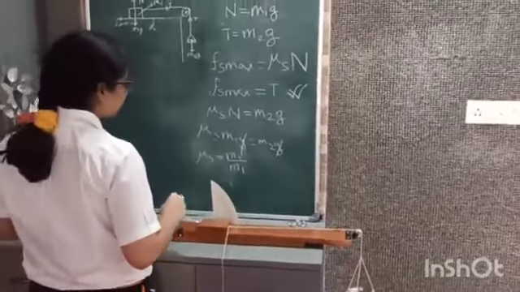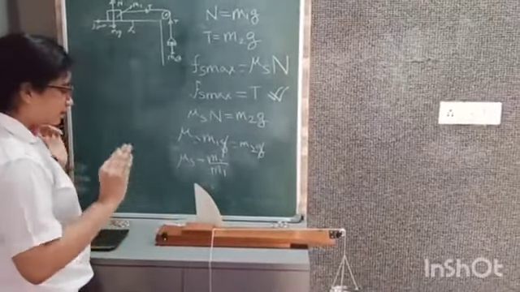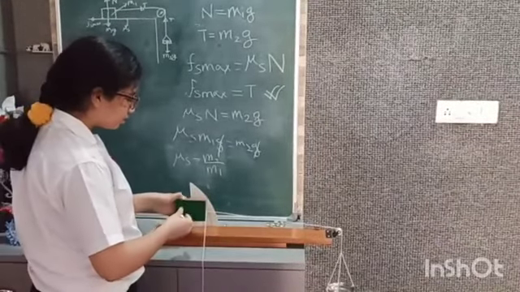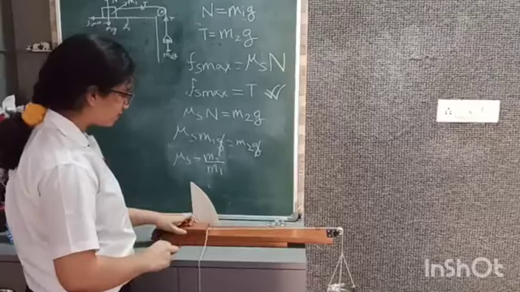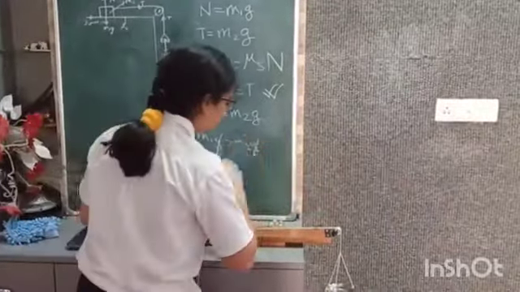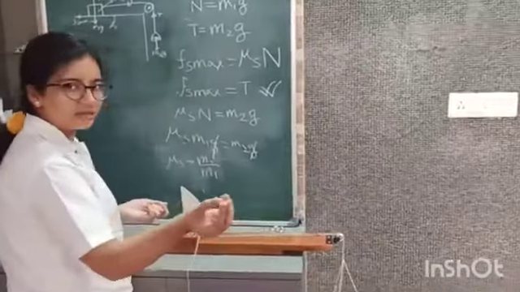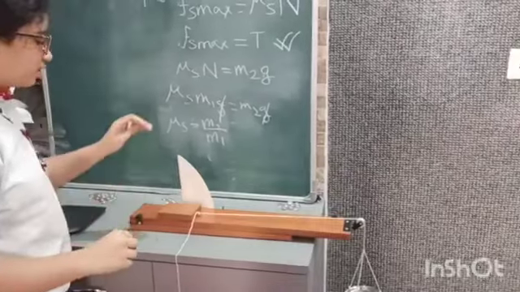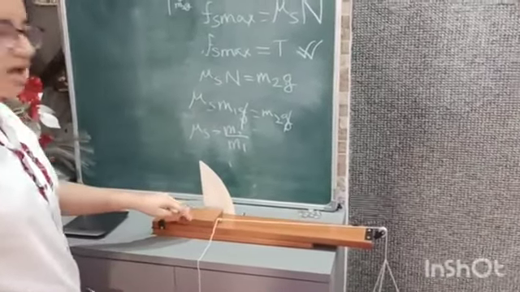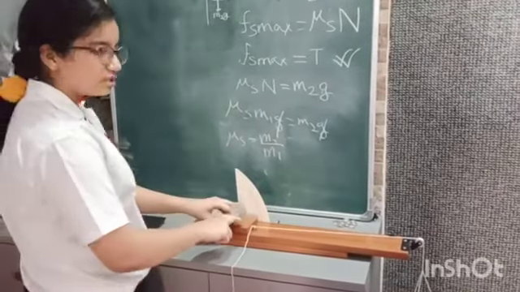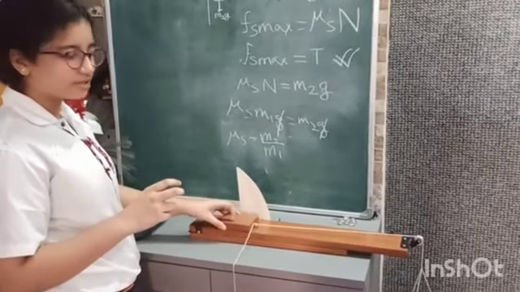So right now we found out that the coefficient of static friction between this green surface and this wooden surface will be equal to the ratio of the mass of the pebbles I will use on this plate plus the plate weight, divided by the mass of this wooden block. Now I will do two experiments, as this block has two different surfaces.